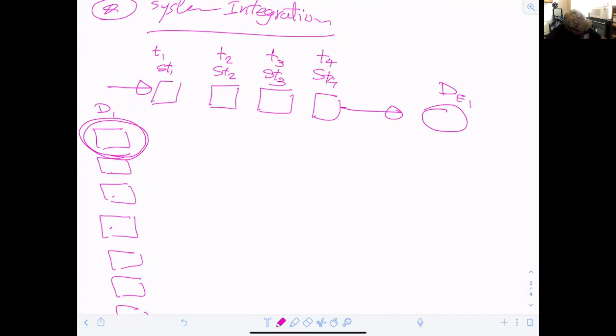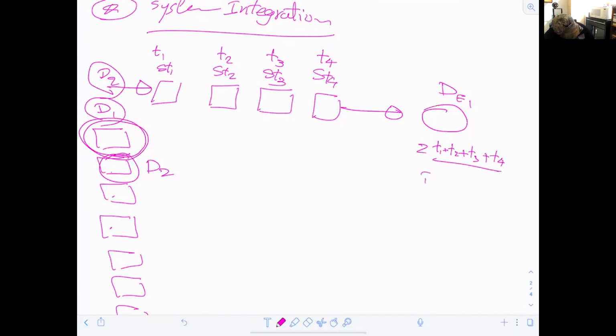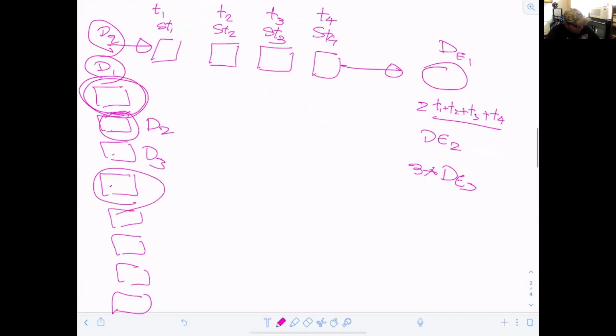Then D2 is taken into consideration after T1 plus T2 plus T3 plus T4. Then DE2 comes after twice of this, then D3 goes on, and DE3 comes after three times of this. Then the fourth, fifth, up to the end.